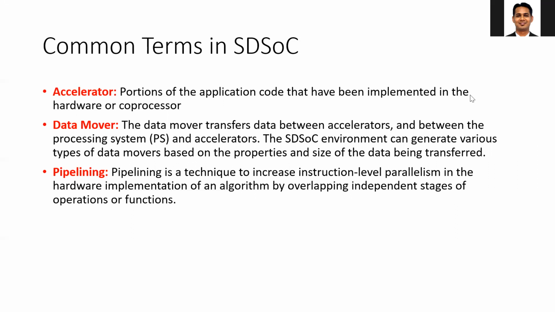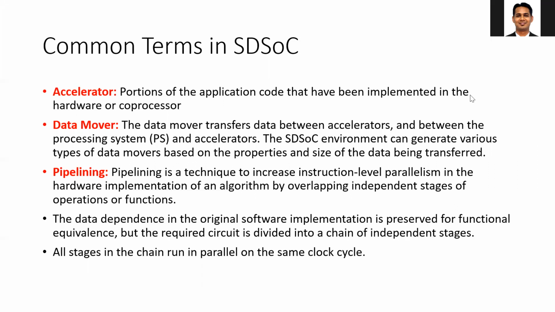The pipelining is done such that all three units are active at all times, but they are processing different instances of data. The data dependence in the original software implementation, that is the non-pipelined version, is preserved for functional equivalency. So when you do the pipelining, you need to make sure that the data dependency is preserved and you don't compromise on the functional accuracy.